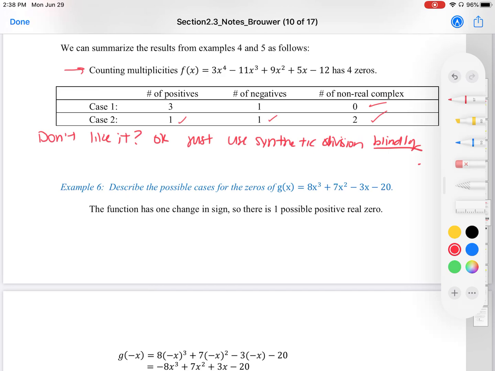Descartes just gives you an idea whether you want to test your positives or any negatives at all, depending on how many possible zeros of those signs you might have. If you have a problem like this on your exam, I won't ask directly for Descartes' rule of signs, but if I'm asking you to solve a polynomial, I'll give you a hint so you don't spend all your time doing synthetic division.